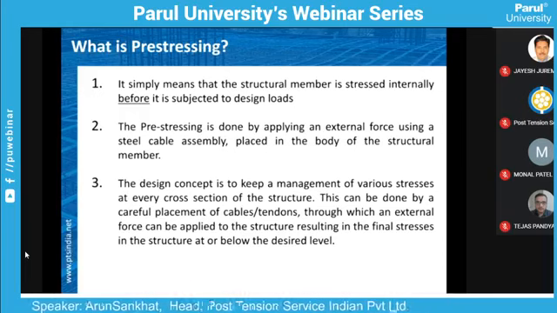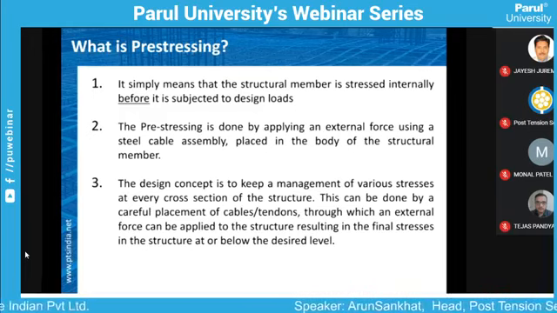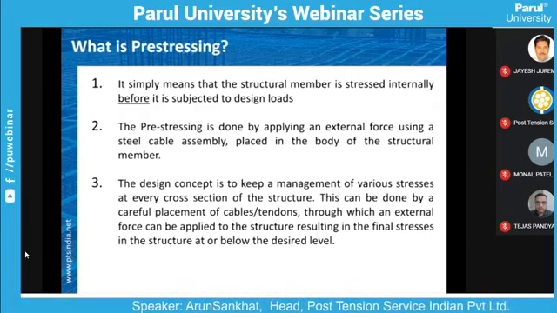We try to nullify or balance those stresses, and minimize both, such that the overall scenario may be optimized, or economized to the fullest extent. So that is the actual purpose of pre-stressing.